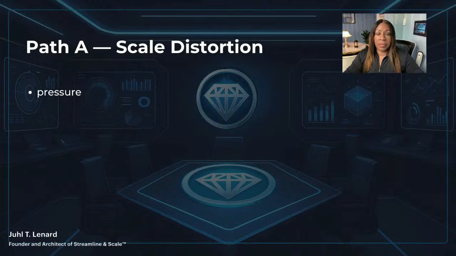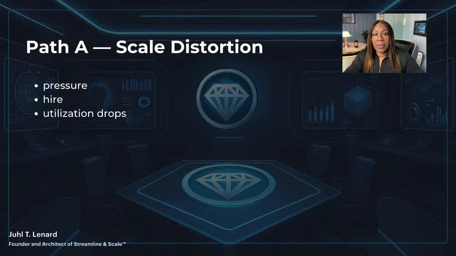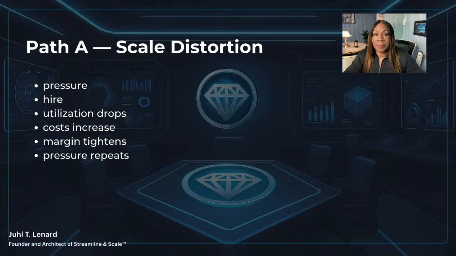But there's two paths. So the first path is we scale the distortion. The second path is we fix the constraint first. So we're going to look at path A. If we decide to scale the distortion by hiring, there's pressure, we hire, the utilization drops, the costs increase, and the margin tightens. Pressure keeps repeating.